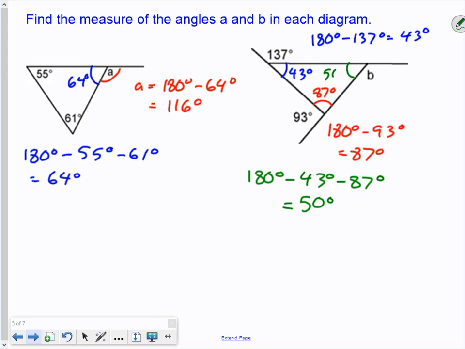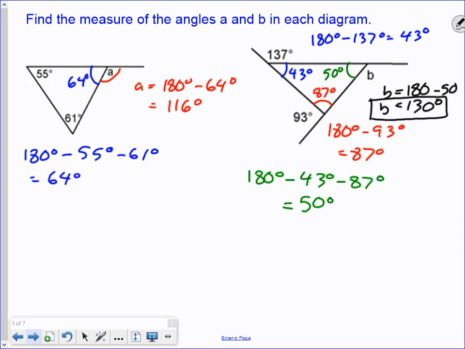So this has to be 50. And then we know that B on the outside and that 50 degrees add up to 180. So B is going to be 180 minus that 50 degrees, 130 degrees. That was the one we were after all along.